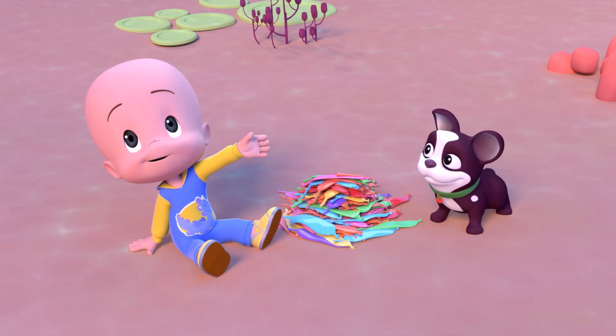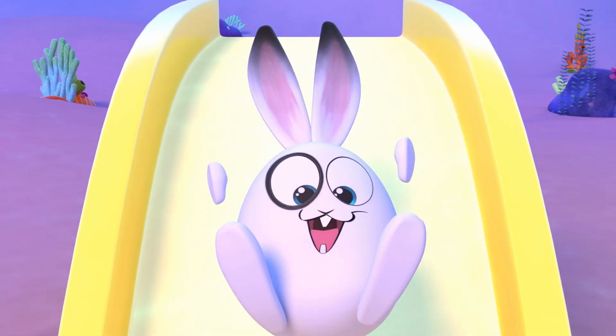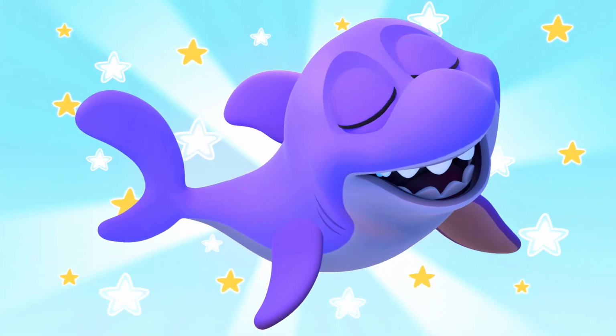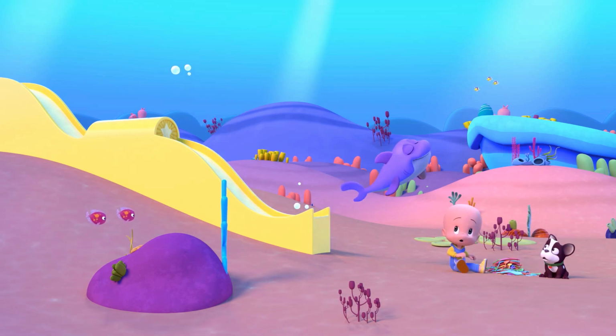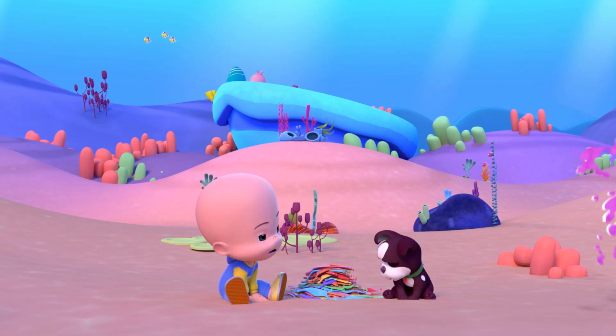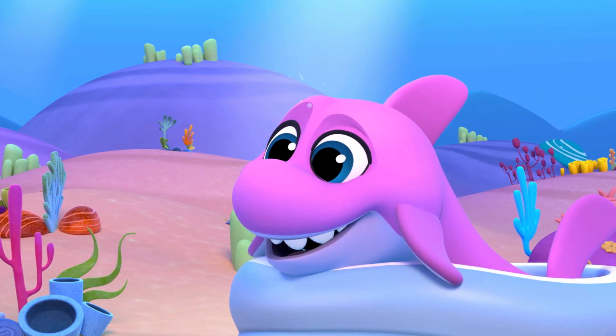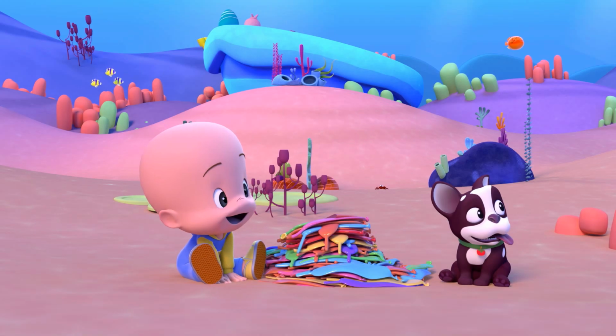Hi, Ghost. Baby shark. Pink baby shark. More.